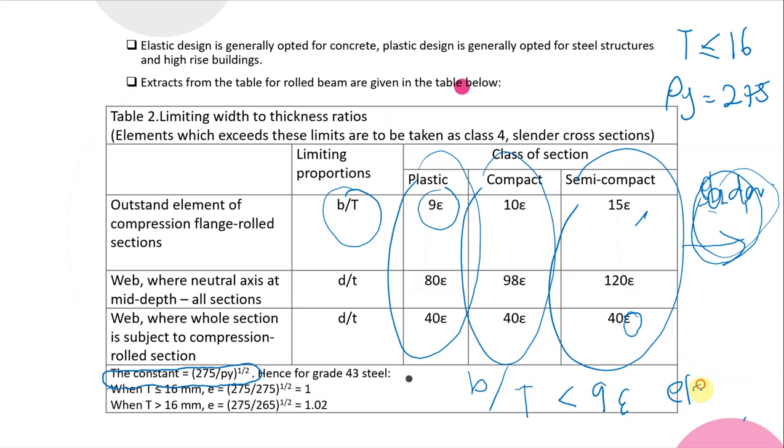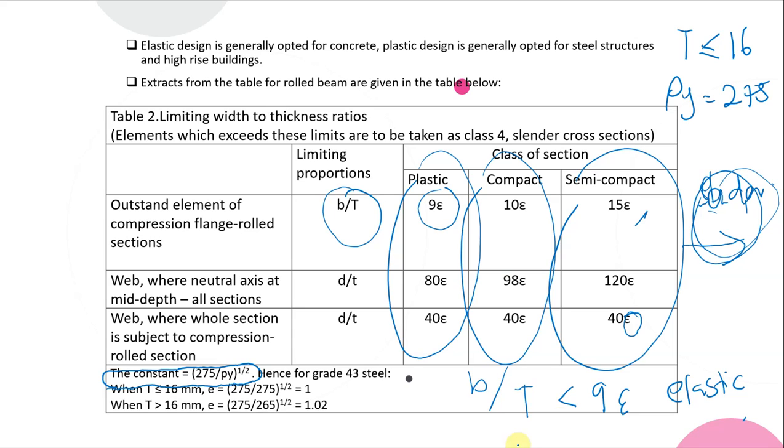Nanti baru dia jadi elastik. Okay, kalau dia lebih daripada 9E, mungkin 9.5 ke, dia adalah compact. Kalau dia 14 ke, dia adalah semi compact. Macam tu lah maksud saya.